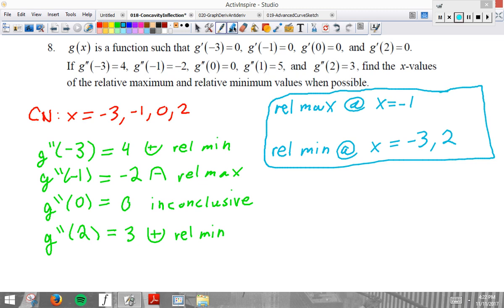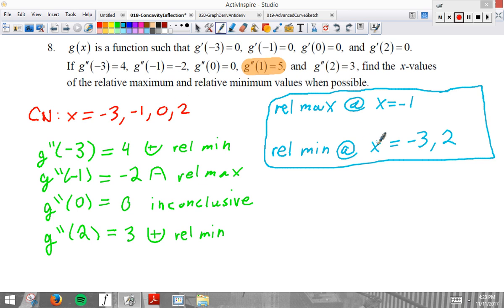So the main trick in this problem is ignoring the distractor information, specifically that g double prime of 1 equals 5. The second derivative of g at 1 is positive. That does not mean we have a relative max or min. Remember, a positive second derivative is only indicative of a relative max or min when it is paired with a critical number.